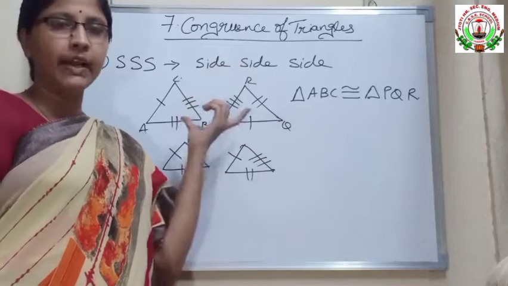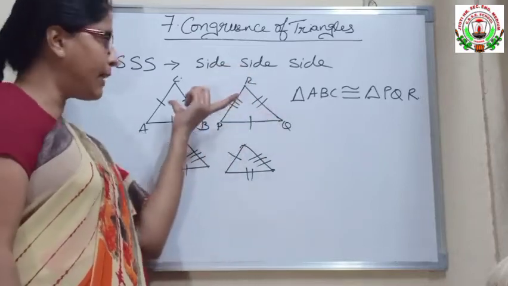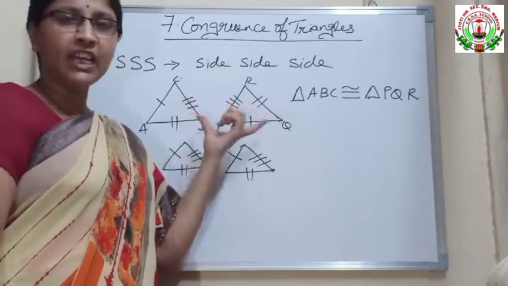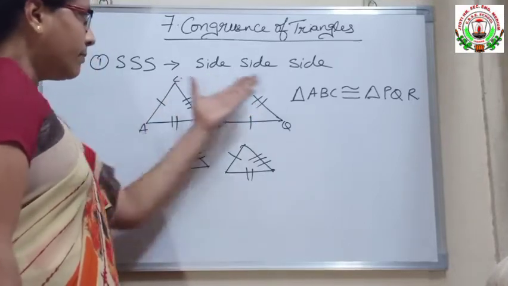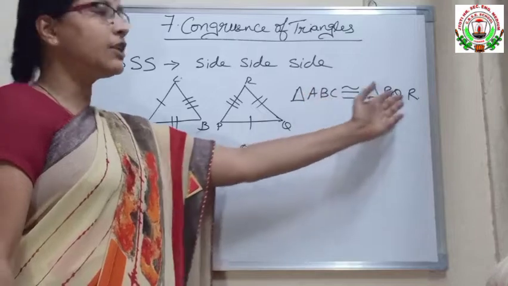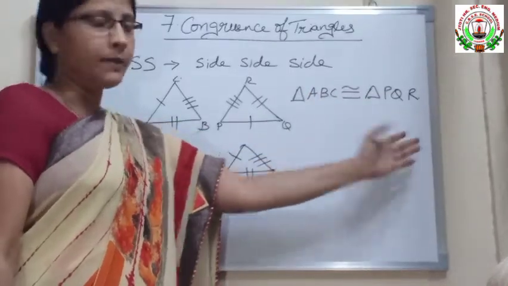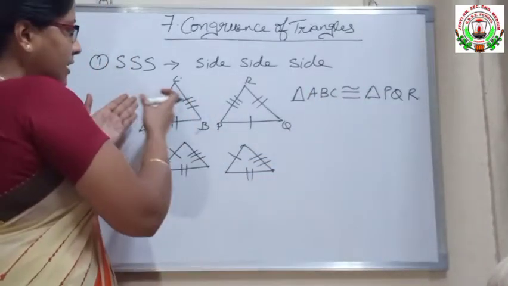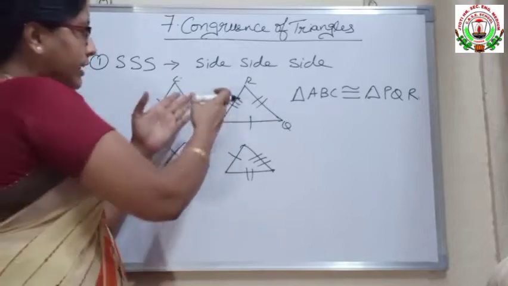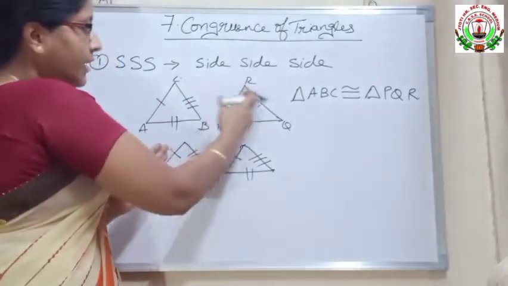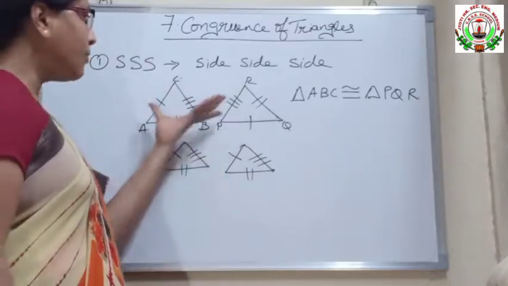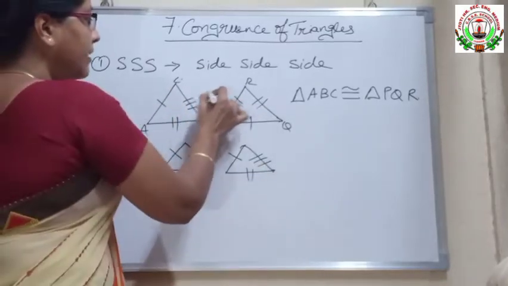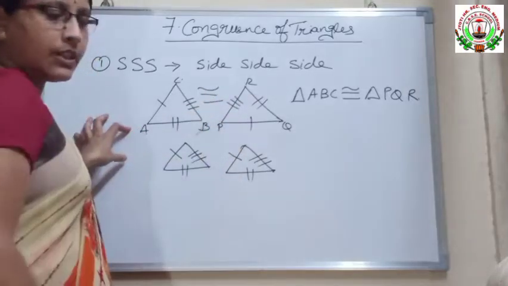Likewise, all three sides of the two compared triangles should be equal. It is not a rule that a side should be placed in one particular position. It can be anywhere, any side of the triangle. So these two triangles are congruent to each other.